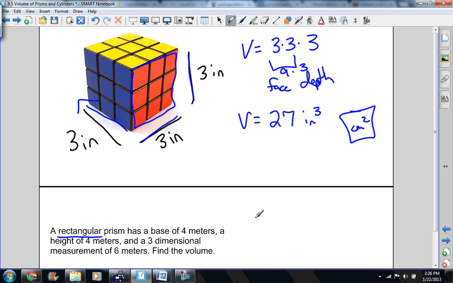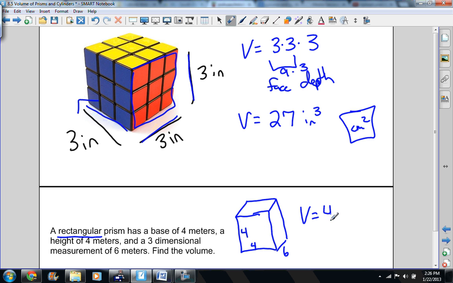Well, if you want to find out how to draw these things, come and talk to me outside of class, or if you already know how, that's great. But I like to draw my pictures. It doesn't need to be perfect, but it's okay. Base of 4, height of 4, 3-dimensional measurement of 6. So I have to find the area of this front face.